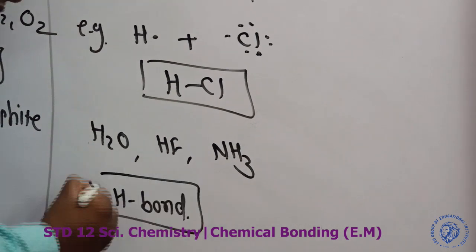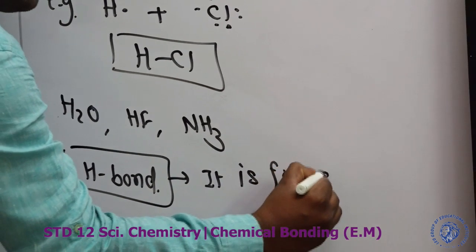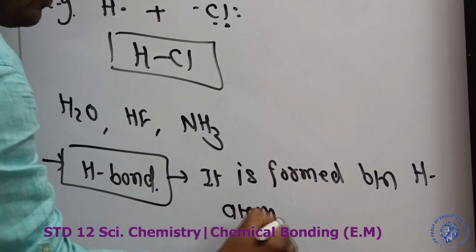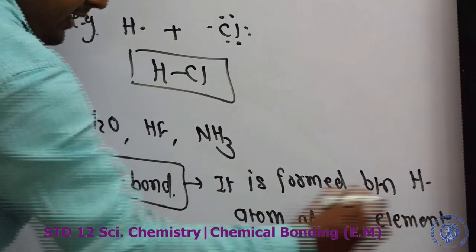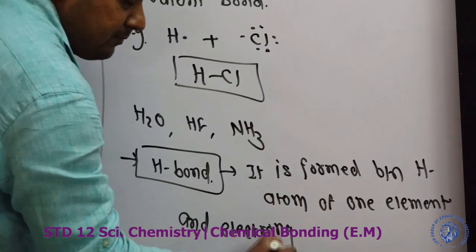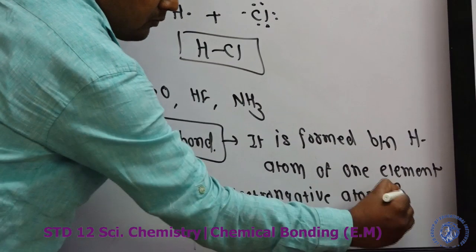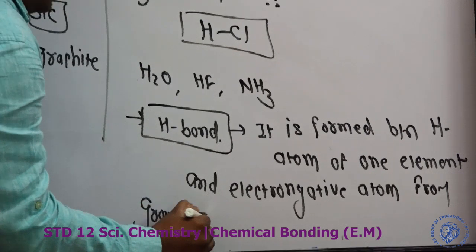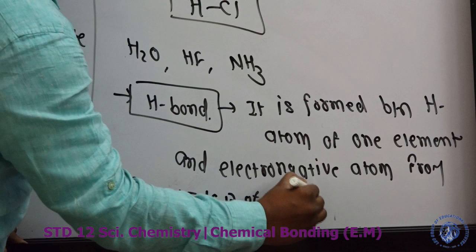Hydrogen bond is formed between the hydrogen atom of one element and an electronegative atom from group 15, 16 or 17 of another element.